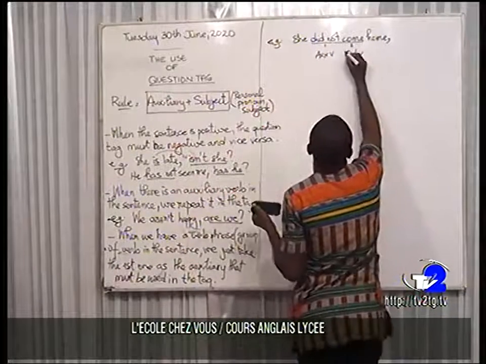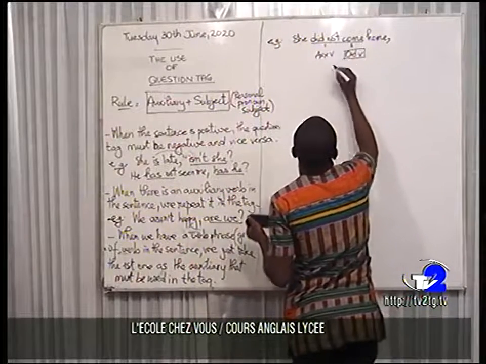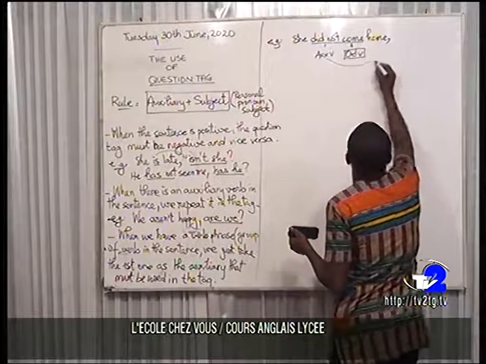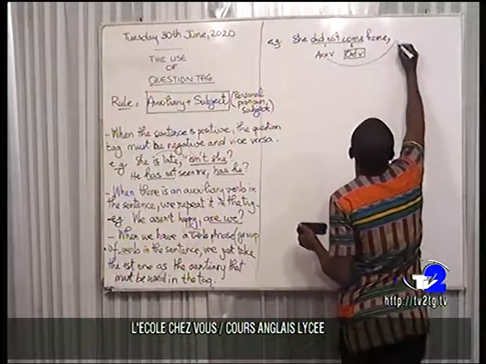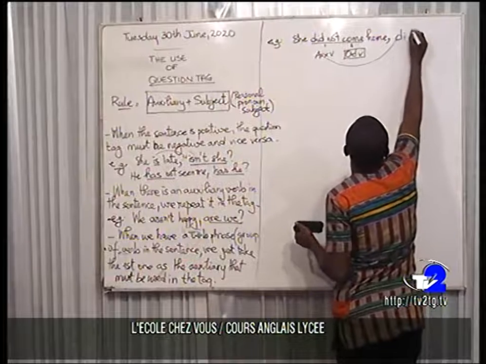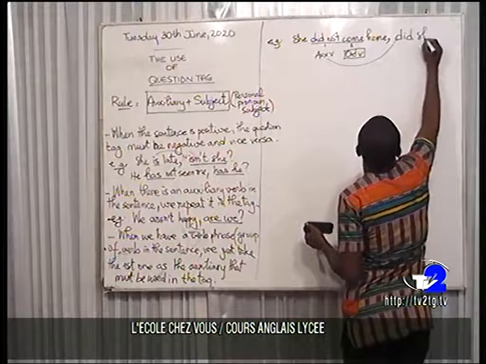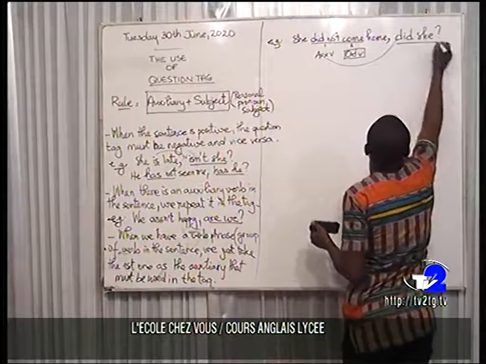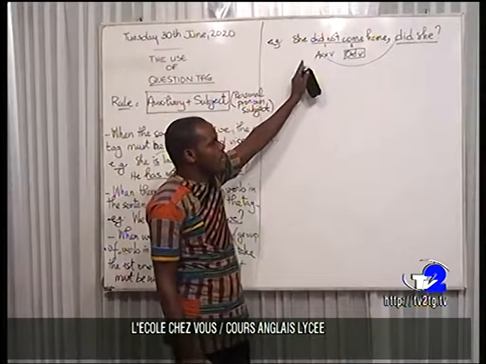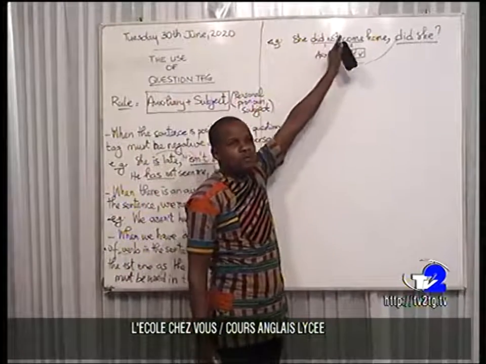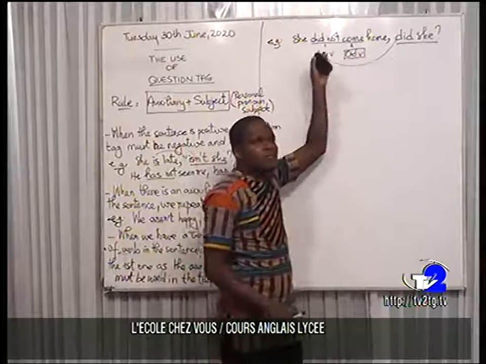You don't have anything to do with the ordinary verb. Just repeat the first verb, which is the auxiliary verb. So we have to say did, and the subject is she, plus the question mark. That is the way we form the question tag when we have two verbs in the same sentence.